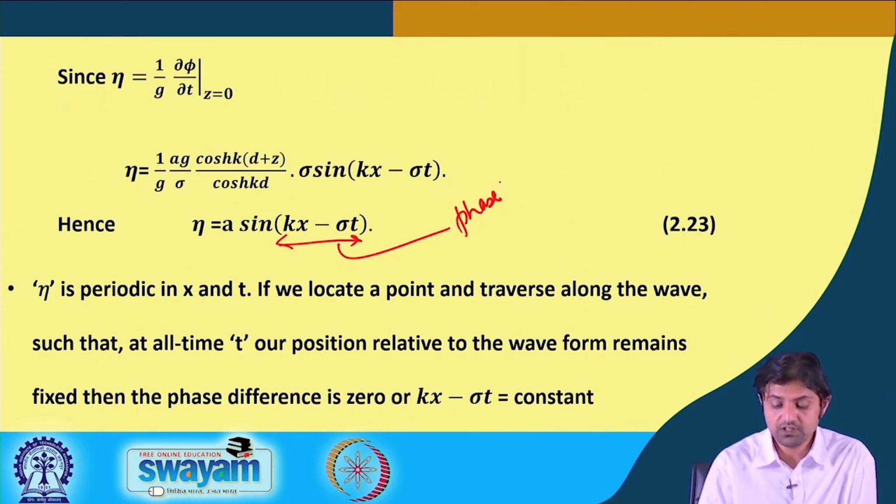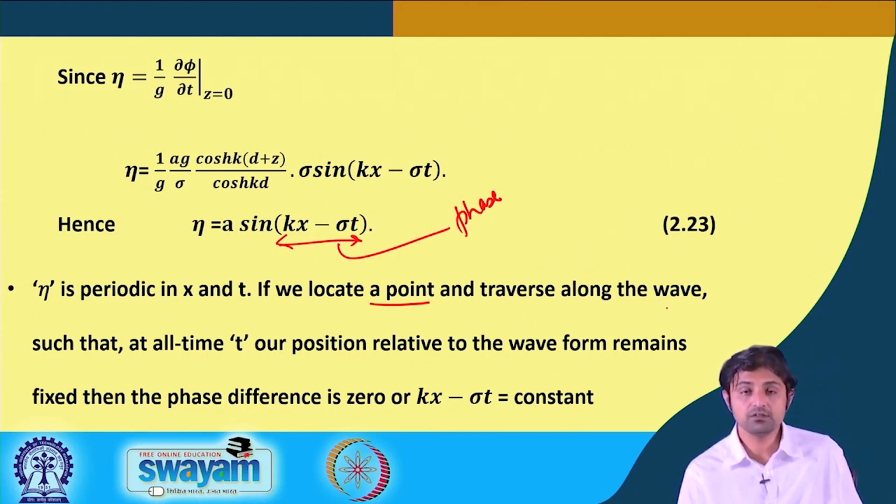What we do is, if we locate a point and traverse along the wave such that at any time t our position relative to the waveform remains fixed, then this means that kx minus sigma t will be constant, the phase difference is going to be 0.